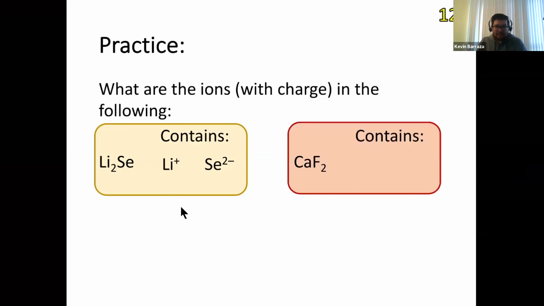So let's try it. If I have CaF2, what are the ions with their charge? So again, this is about sort of recognizing the formulas, and hopefully we're getting that down. Calcium. So this has calcium and fluorine in it.